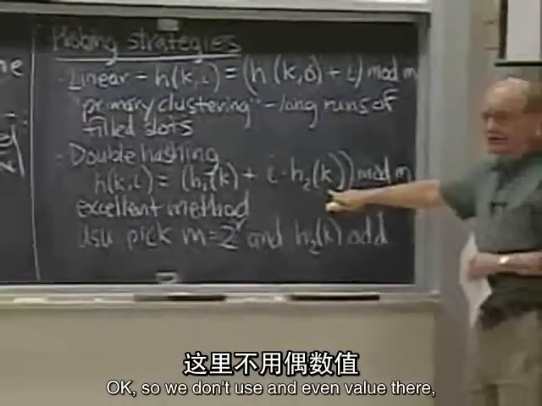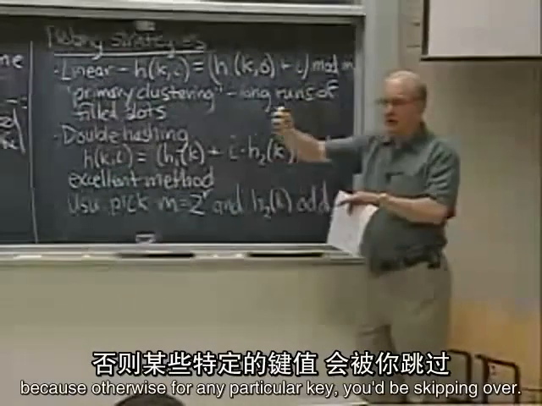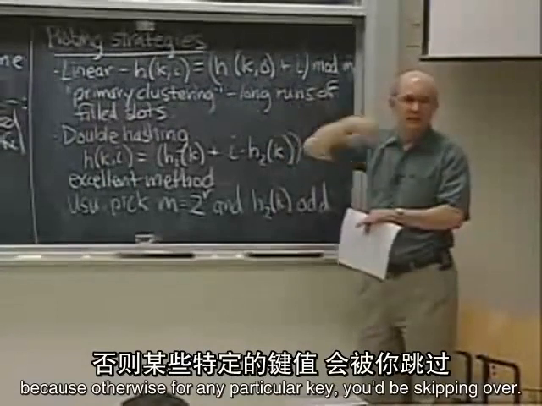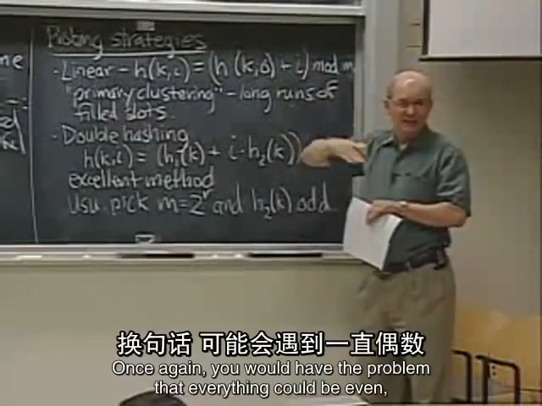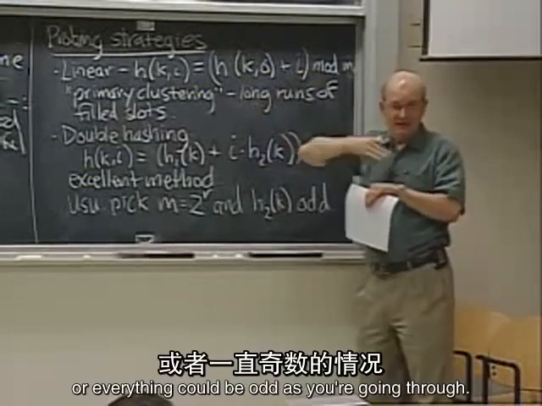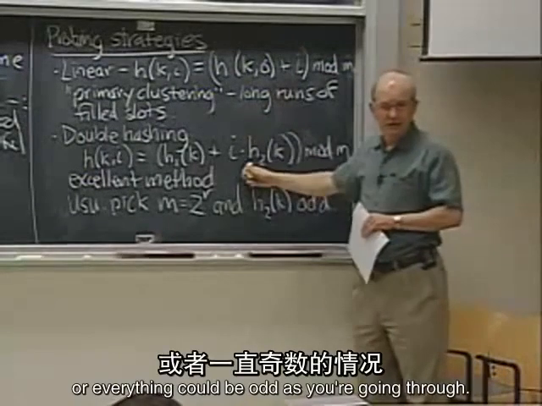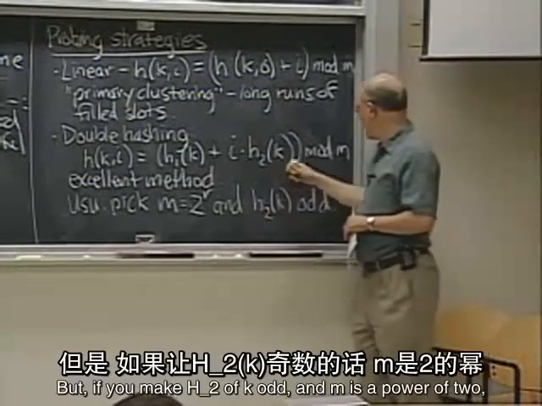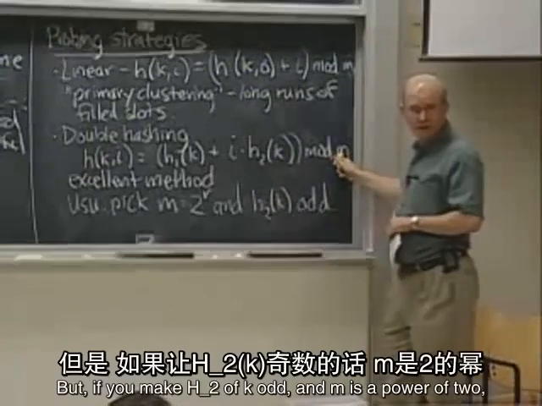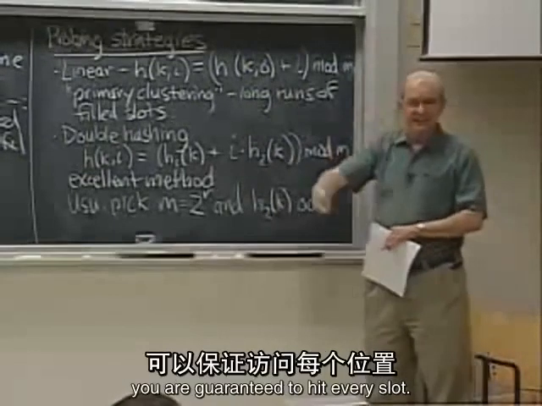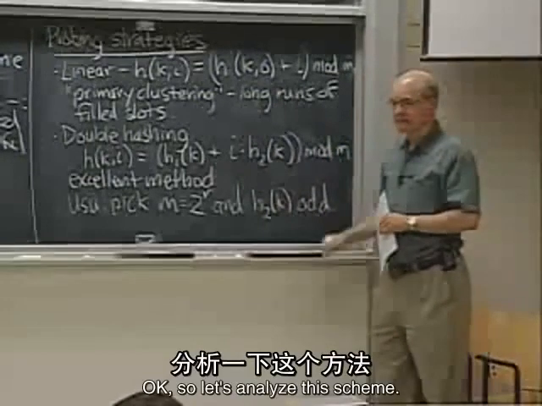You don't use an even value there, because otherwise you'd have the problem that everything could be even or everything could be odd as you're going through, skipping over slots. But if you make h2(k) odd and m is a power of 2, you're guaranteed to hit every slot.